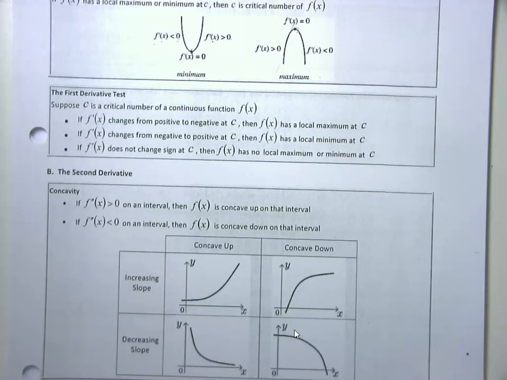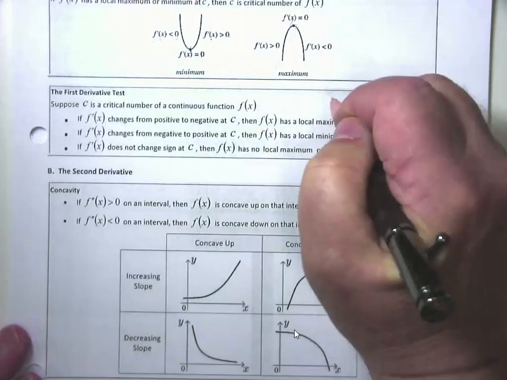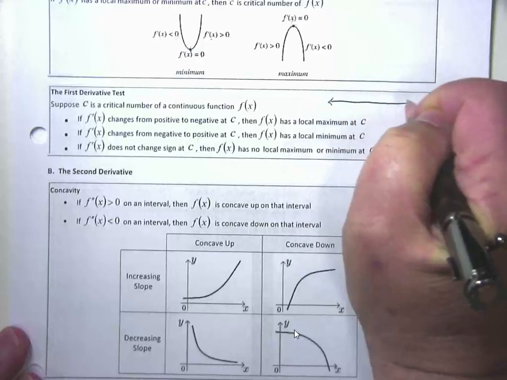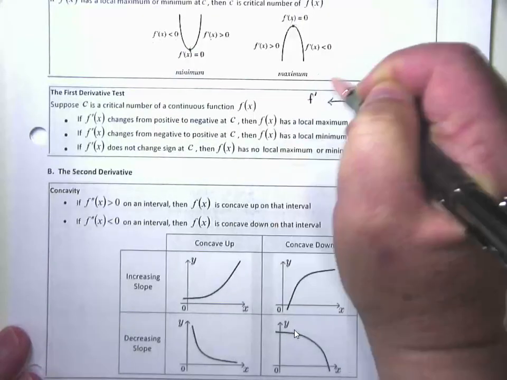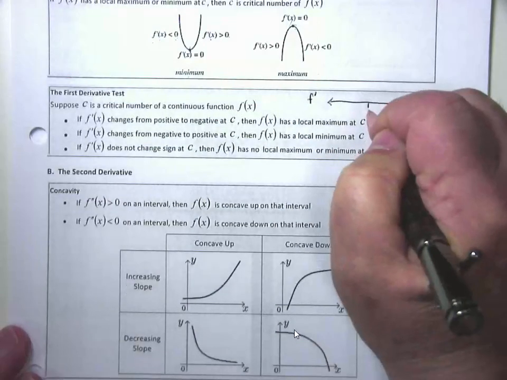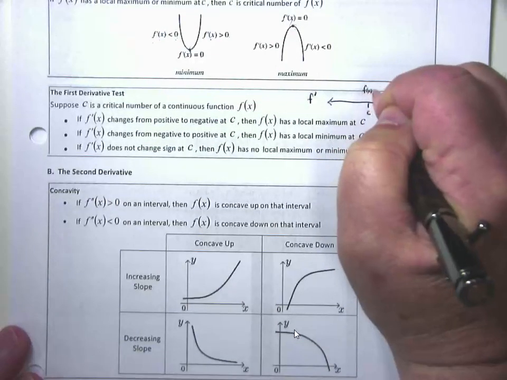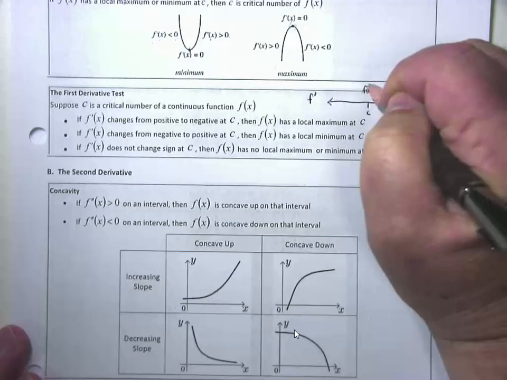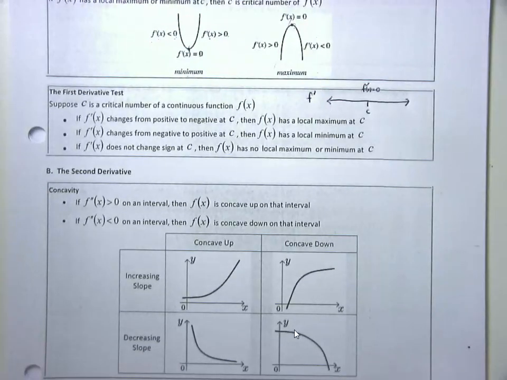What we're really interested in is this. We're going to be doing number lines on this thing. This will be a first derivative number line. c is where the derivative is equal to 0. What you're going to do is you're going to do test points on either side.